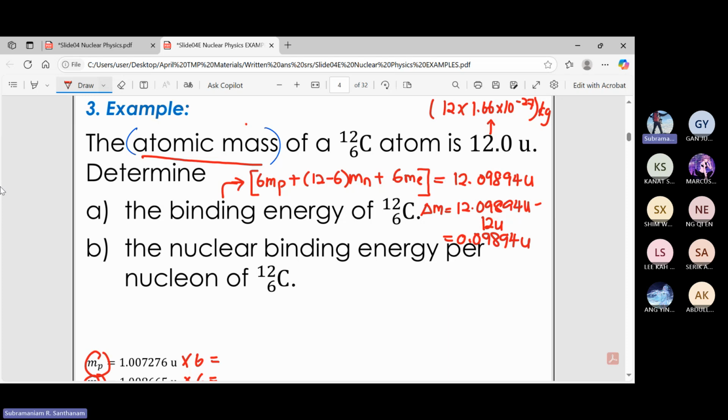Once you know the mass defect, the next step is you can go to the formula E equals delta m c squared.